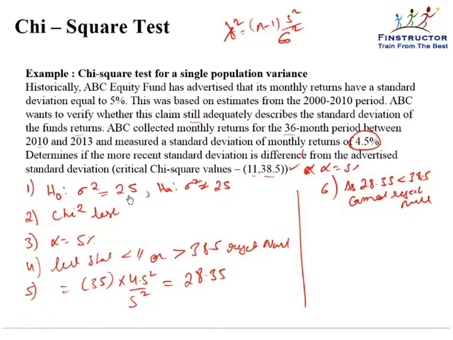We cannot say with 95% confidence that the variance of the population is different from 25. If we were able to reject the null, we would have been able to say the same.